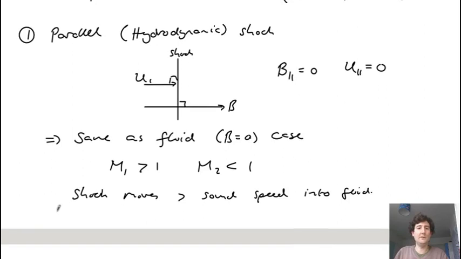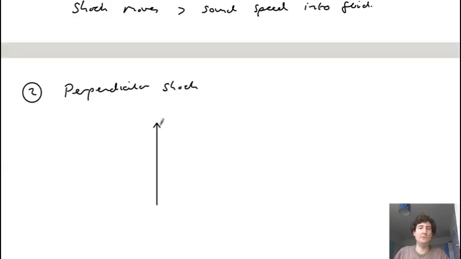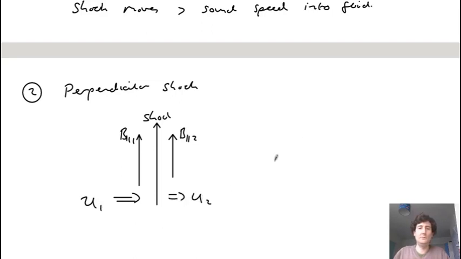Okay, so the second case we'll look at is a perpendicular shock. This is where the magnetic field is parallel to the shock. It's like this, so you have B parallel 2, B parallel 1. And the flow is also U1, U2.